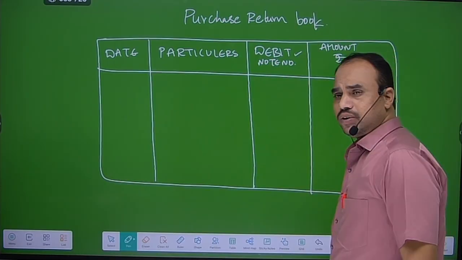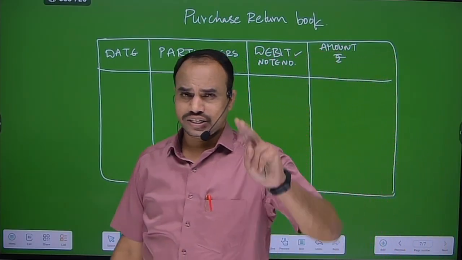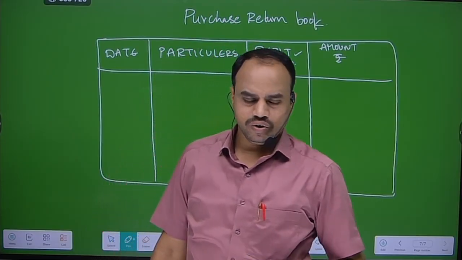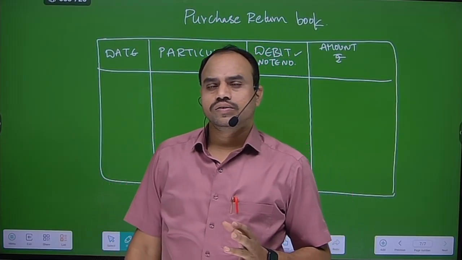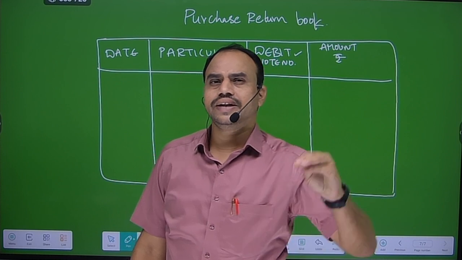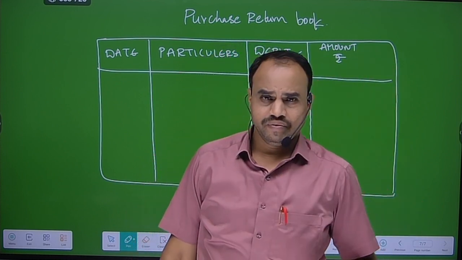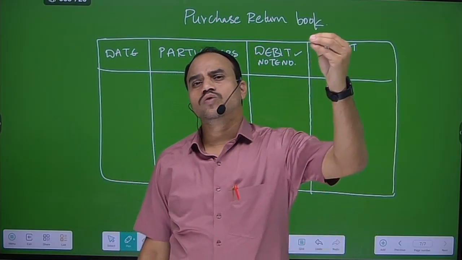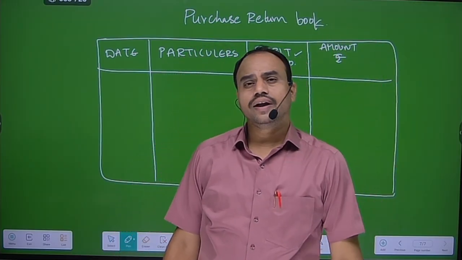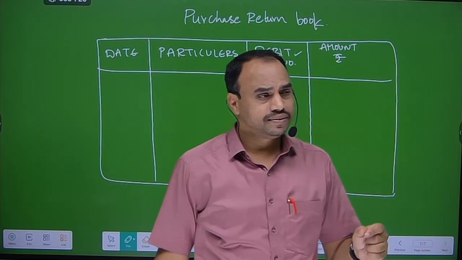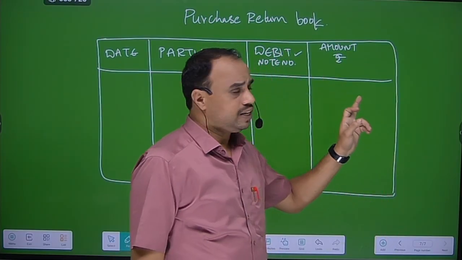What is the meaning of debit note? Debit note means, asking for 2 marks in the exam: when the customer is returning goods to the supplier, at that time he will debit the supplier's name. That is called a debit note.